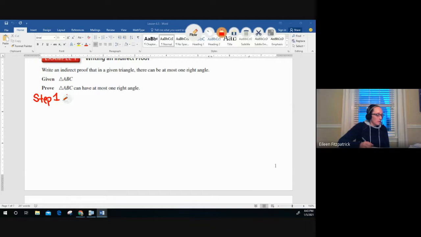And then after you identify that, you're going to assume temporarily that this statement is false by assuming its opposite is true. So the opposite of a triangle having at most one right angle would be triangle ABC has two right angles. All right, so that's what we're going to say.